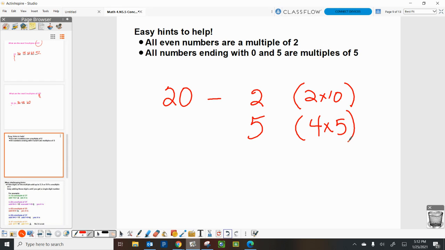Now, it could be a multiple of other numbers too, but we know that it is always a multiple of 2 and 5. Now, what if I have the problem 85? Well, 85 is not even, so it's not a multiple of 2, but it does end in a 5, so it's definitely a multiple of 5.